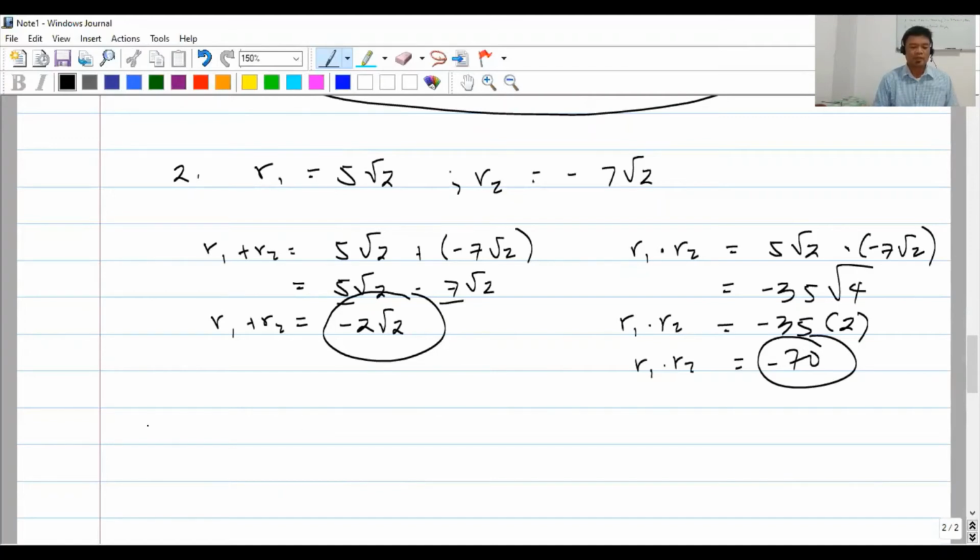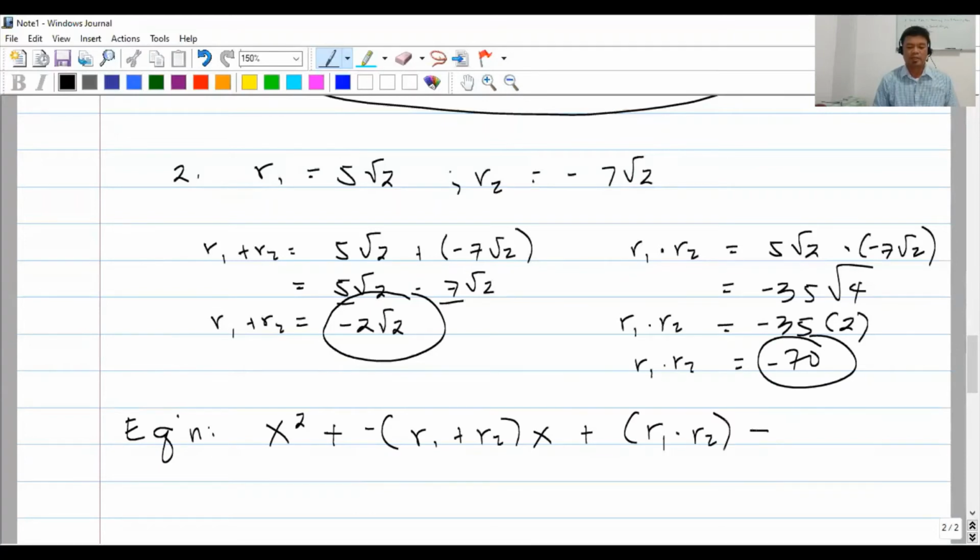So again, we are going to form the equation. Okay. So we have x squared plus the negative of R1 plus R2 of x plus the product of R1 and R2 equals 0.